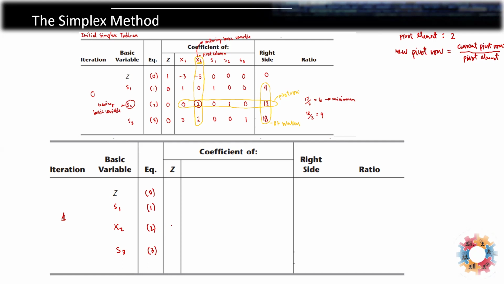So for equation 0, this one does not change. You have 1, 0, 0, 0. Okay. And then your new pivot row will become 0. You have here 0 divided by the pivot element, which is 2. So you get 0. Then, by the way, this is x1, x2, s1, s2, and s3.